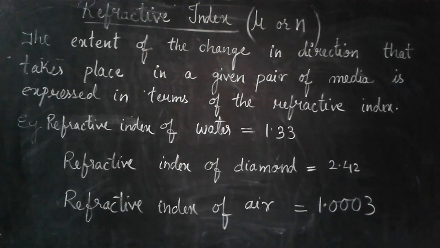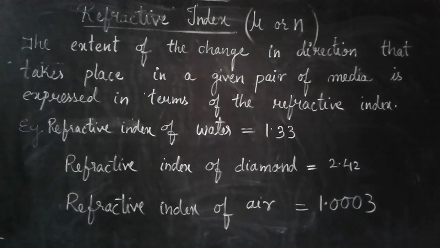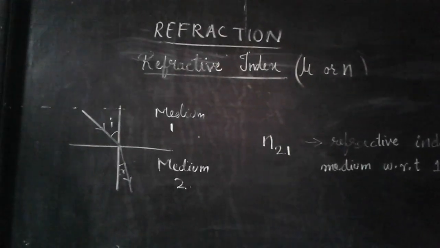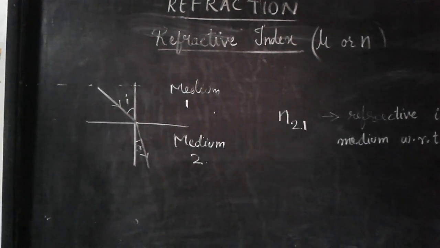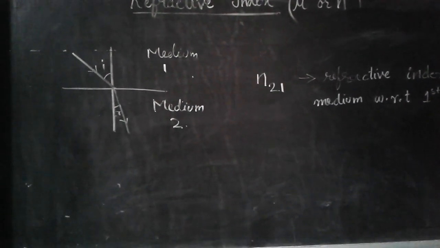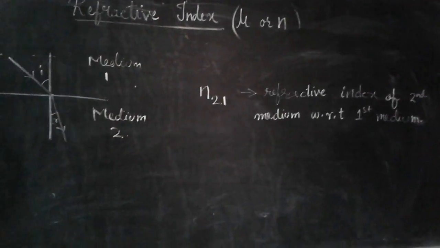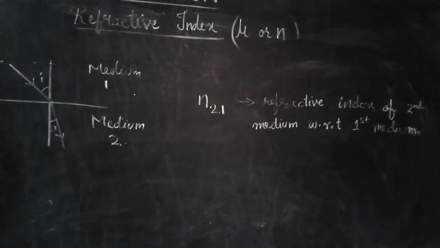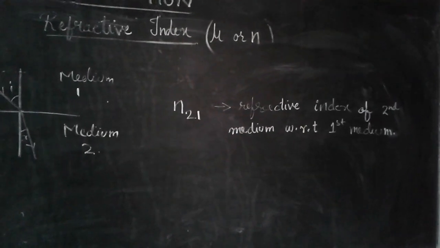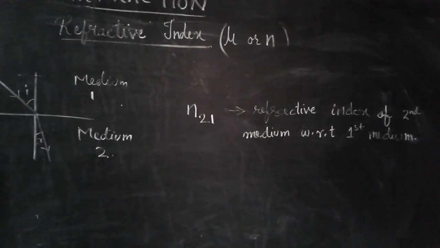And now we will see how the refractive index is calculated. If the light travels from medium 1 to medium 2, as the arrow is showing, then the refractive index is written as n21, which is read as refractive index of second medium with respect to first medium.